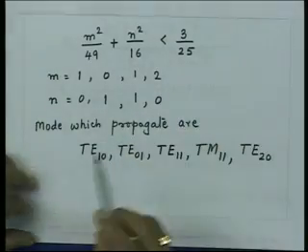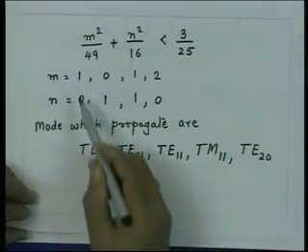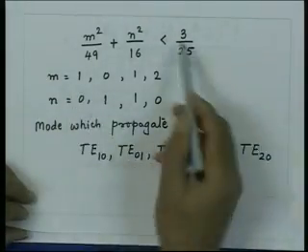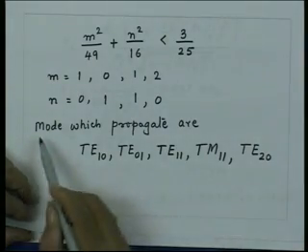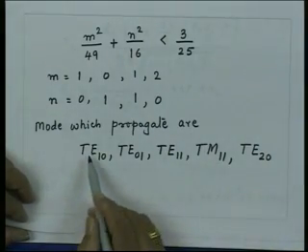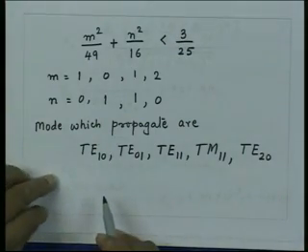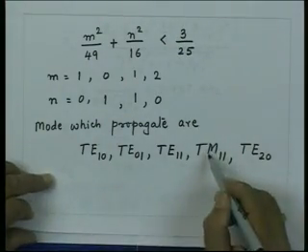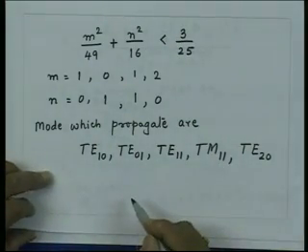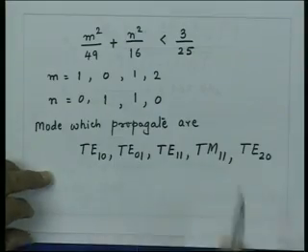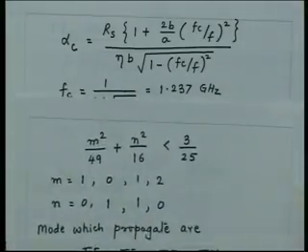So, we get this condition. From here, we find out the indices which can satisfy this condition, and then by using the knowledge that TE modes can exist even when one of the indices is 0, whereas for TM modes both the indices have to be non-zero, we find the modes which can propagate inside this waveguide.